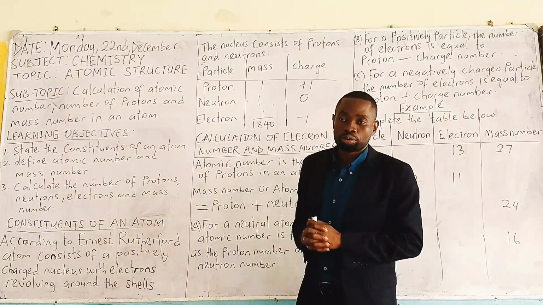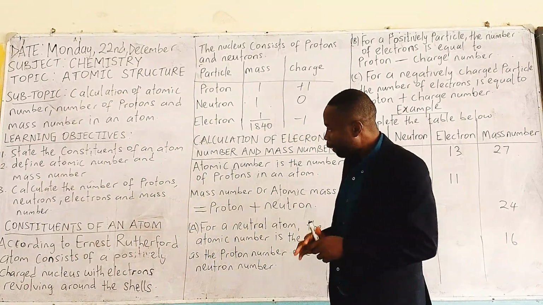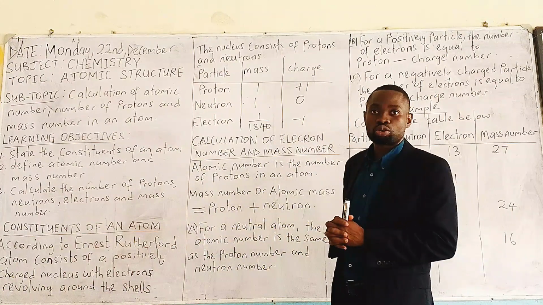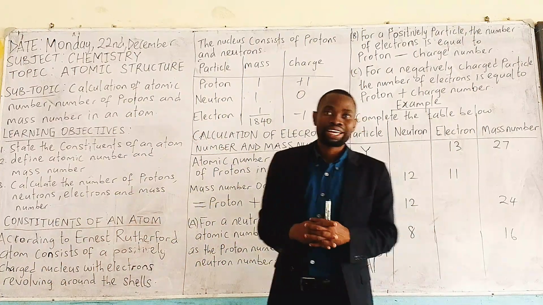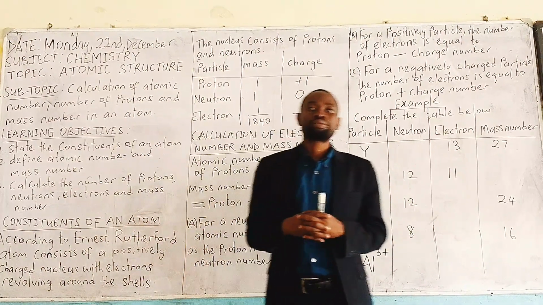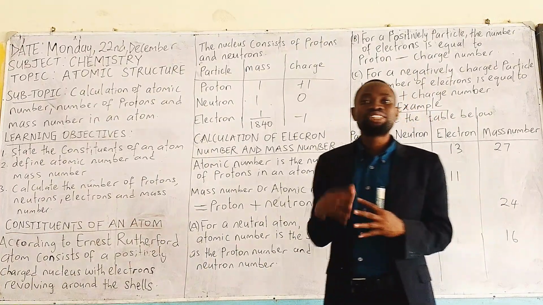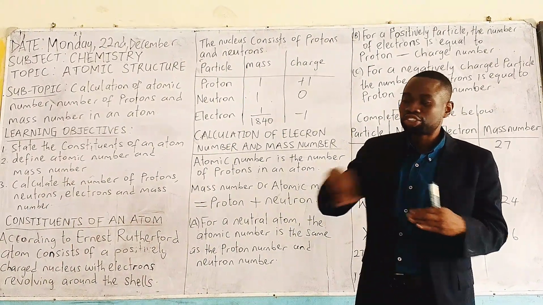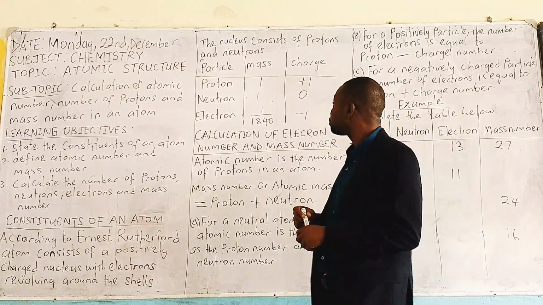For a week now, we have been studying atomic structure. And if you remember, we discussed the constituents of an atom. Now, according to Ernest Rutherford, an atom consists of a positively charged nucleus with electrons revolving around the shells.